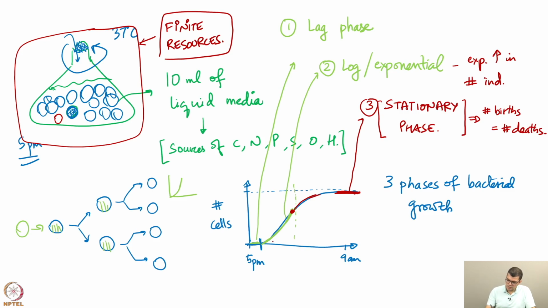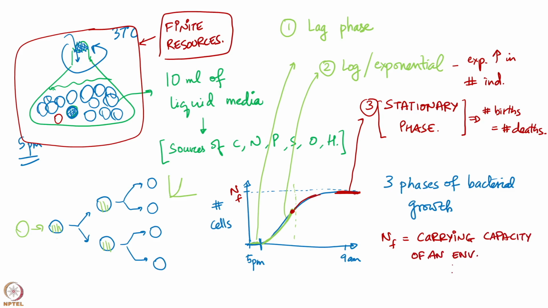So, this is how these numbers would grow and eventually reach something called, let us call it N final or NF. Now, 100 mils of culture media in this flask cannot hold any more individuals than NF, and for that reason NF is called the carrying capacity of an environment.